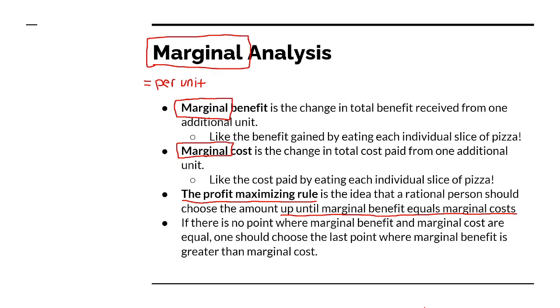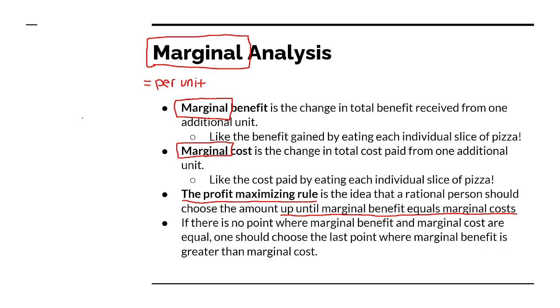And under this profit maximizing rule, a rational person would continue to eat pizza at the all you can eat pizza buffet as long as the marginal benefit of each one of those slices of pizza is greater than or equal to the marginal cost. That is, with respect to pizza, the enjoyment that you get from eating the pizza is greater than the bad feeling that you might get from overeating pizza.